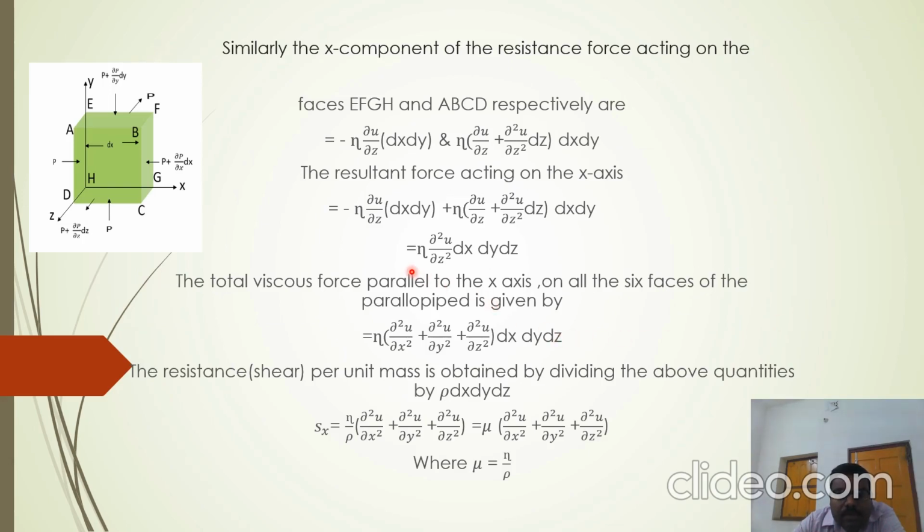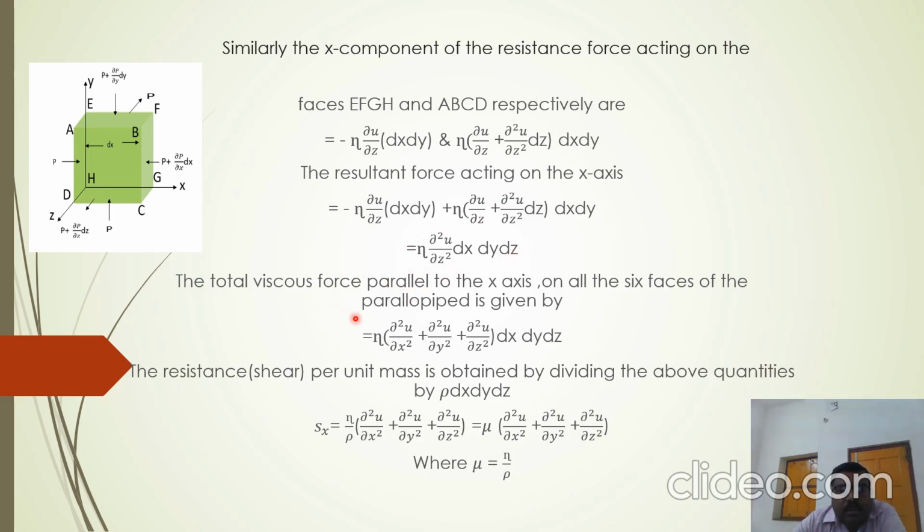Similarly, the x component of the resistance force acting on the faces EF, GH and ABCD respectively are minus eta del u by del z into dx dy and eta del u by del z plus del square u by del z square dz into dx dy, and therefore the resultant force acting on the x-axis, which is the sum of these, gives eta del square u by del z square dx dy dz.